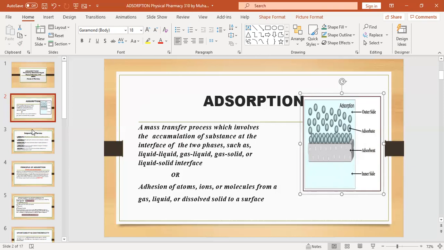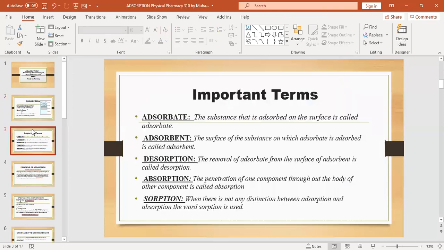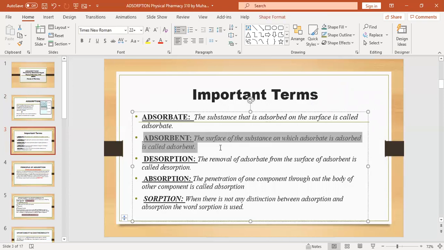There are a few important terms that you need to know in the topic of adsorption. Number one is adsorbate. The substance that is adsorbed on the surface is called adsorbate. It means those substances which you are going to adsorb at a surface. And the next thing is adsorbent.